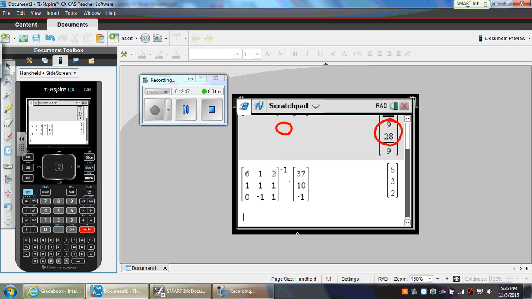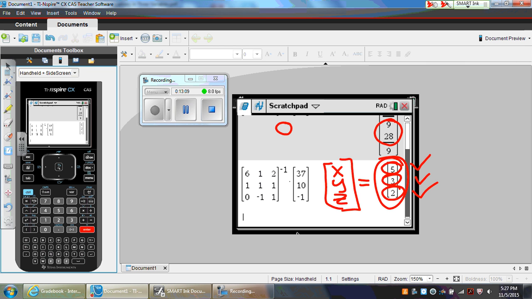Let's see if that works. Yes, and that is the correct answer. So we will get 5, and remember this is representing x, y, and z. So x is equal to 5, y is equal to 3, and z is equal to 2. That means they scored 5 touchdowns, 3 extra kicks, and 2 two-point conversions.